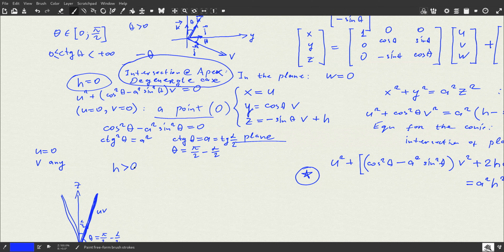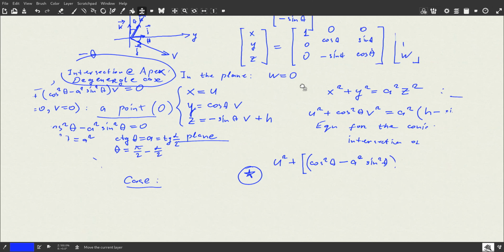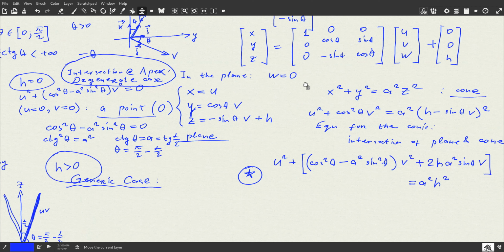Now let us consider h positive, generic case. Well, more or less generic, because in these generic cases, there might also be some degenerate cases, although they are less degenerate than the case before. So, what do we get? H is positive, so the right-hand side is positive in this case.